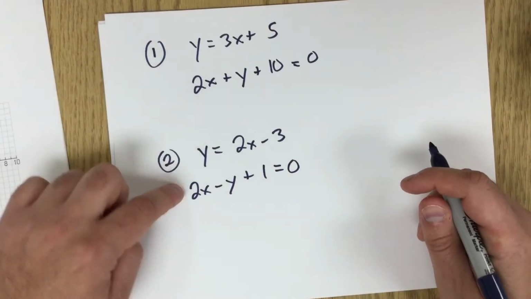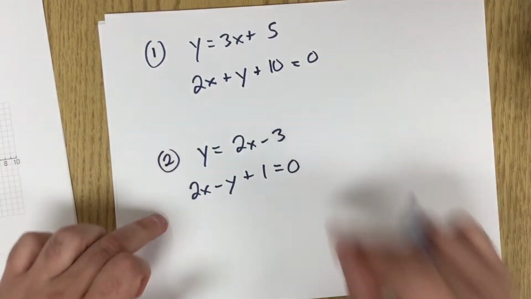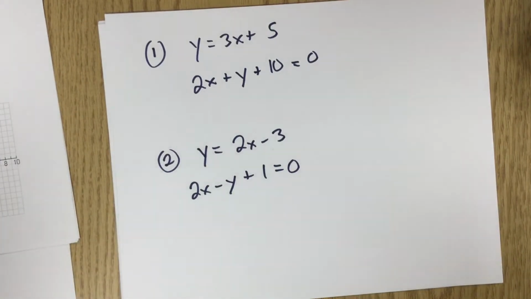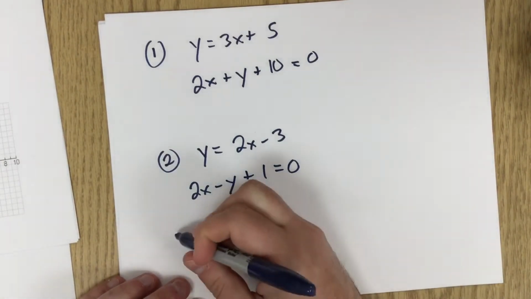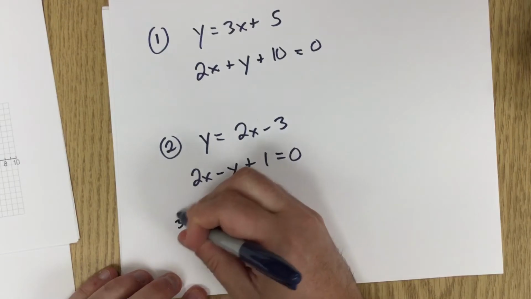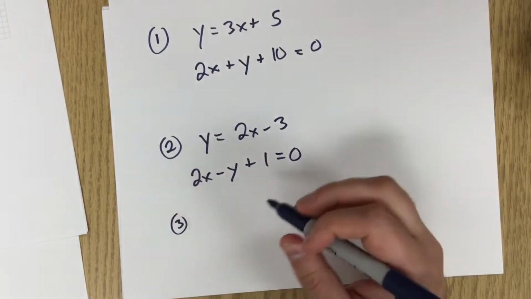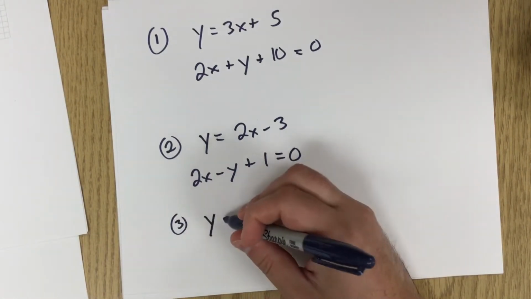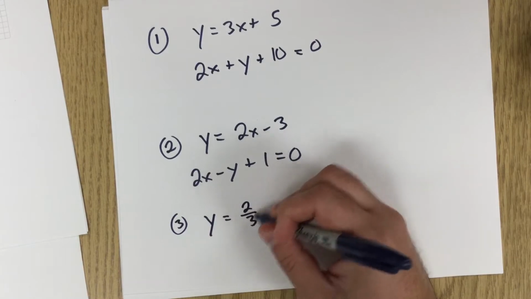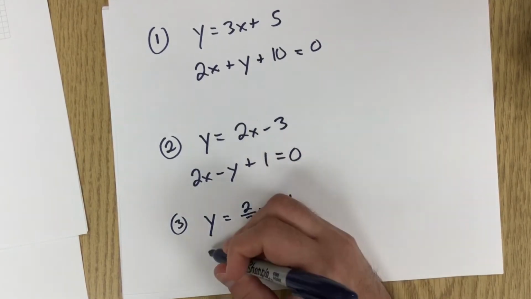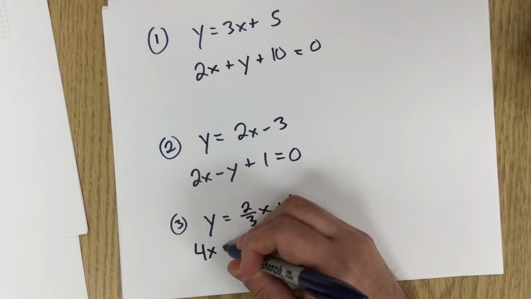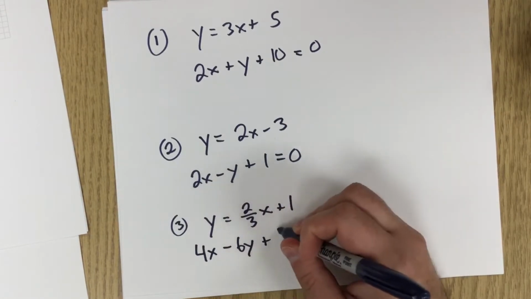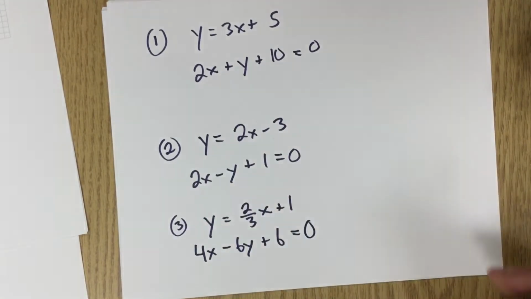If you're not familiar with this format, this is the standard form, you could either graph it by quick graphing or by finding the intercepts. And the third one is going to be y equals 2/3 x plus 1, and 4x minus 6y plus 6 equals 0.